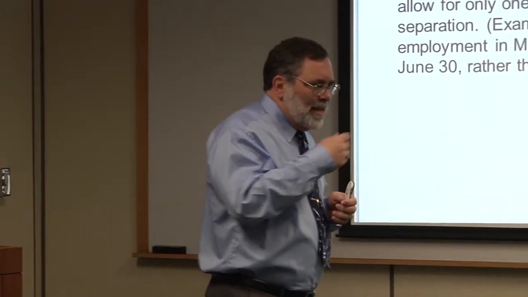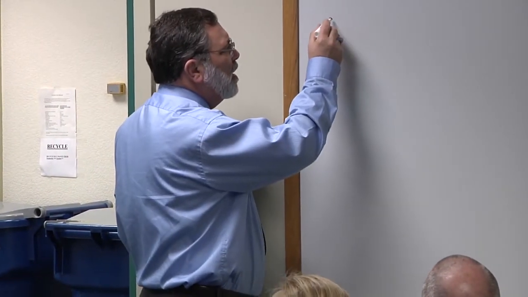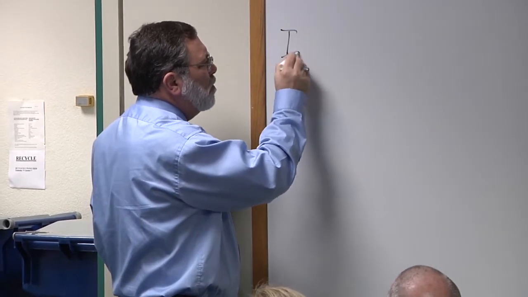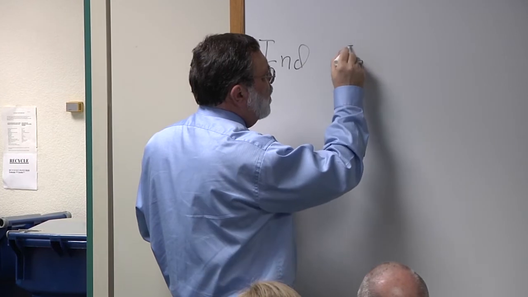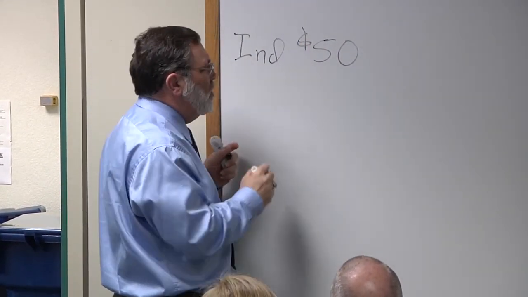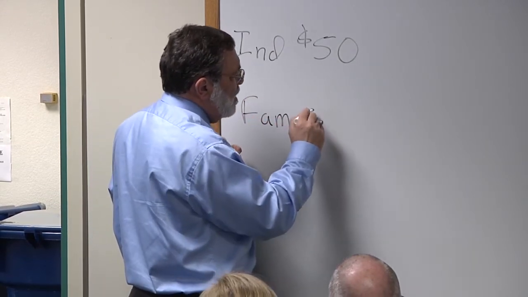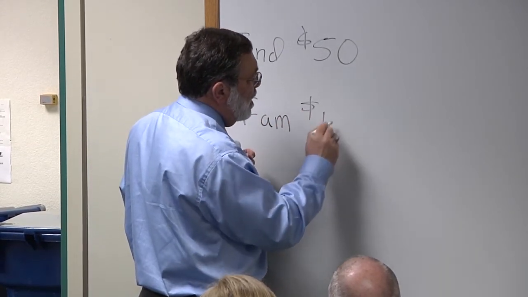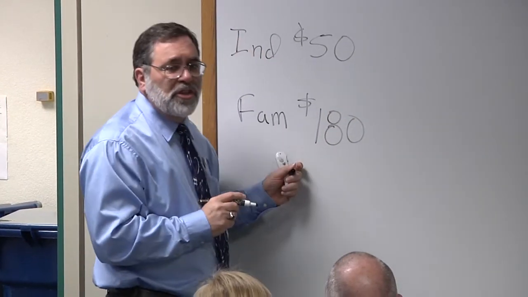Just to give you an idea, I'm going to walk over here and give you a couple of thoughts. So some of you may be currently covering as individuals, and you're going to pay approximately $50 per month for your coverage. The rest of you probably in the family option, and you're paying per month. Now this is normally 2 checks.